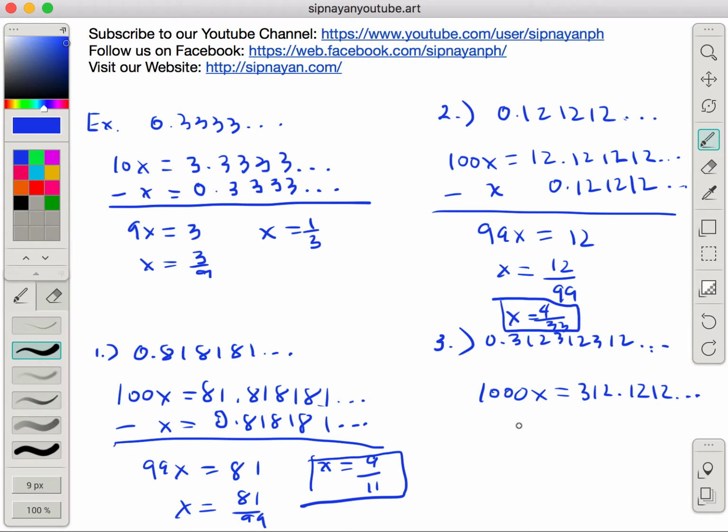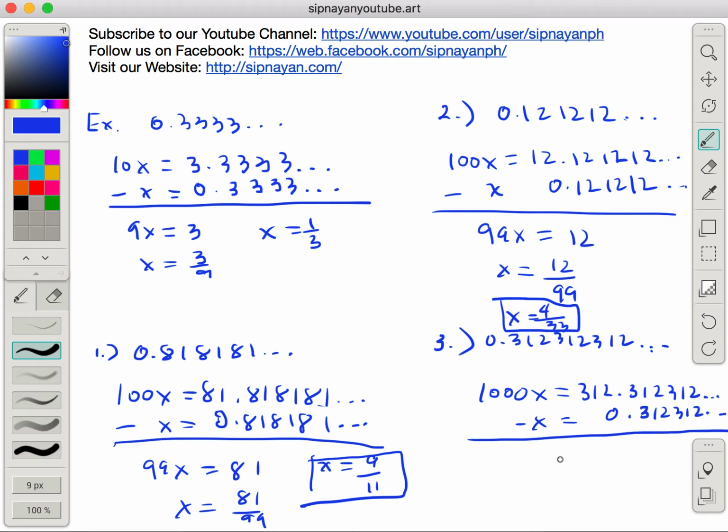I think you get the pattern. Then minus x, which is 0.312, 312, and so on.